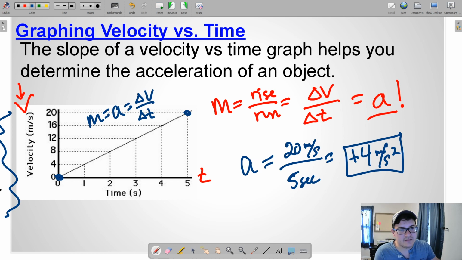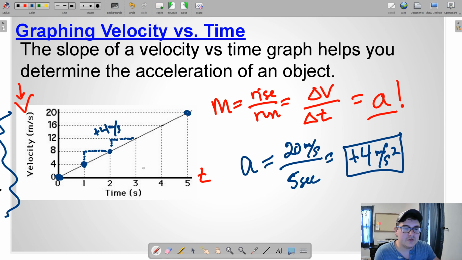So let's unpack that just a little bit. After 1 second, it's going positive 4. After 2 seconds, it's now going positive 8. So if we notice here, every second that goes by, we're adding 4 meters per second to our speed.